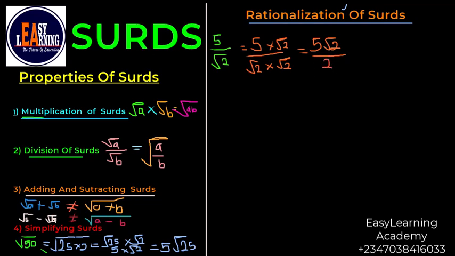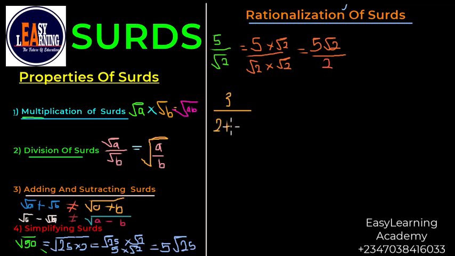Now this works for single surds. Now there's another pattern we need to do. If we have something like a compound surd. Remember the type of surd I talked about? You can have a compound surd, and let's have, for example, a compound surd like 3 all over 2 plus root 3.